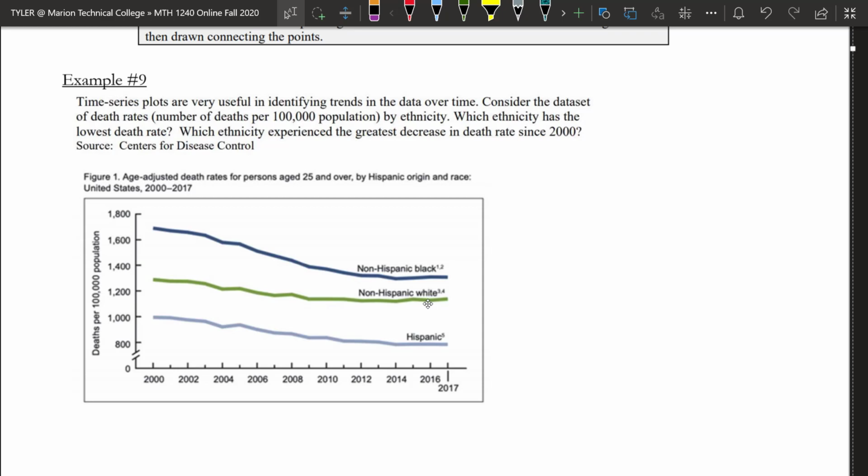The reason we compare everything to 100,000 is so that groups that have fewer people in them are better accounted for. For example, right now we're in a COVID pandemic. If you look at the COVID cases, typically the county numbers are shown as per 100,000 residents.